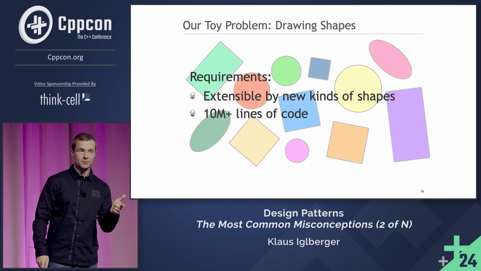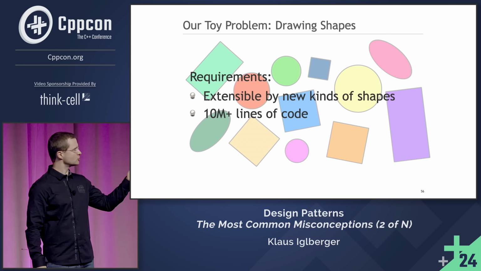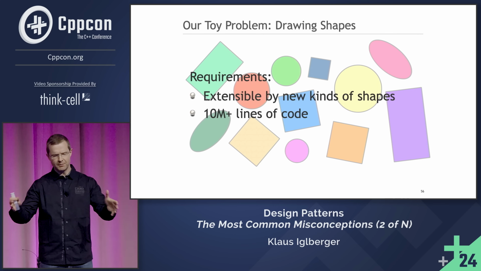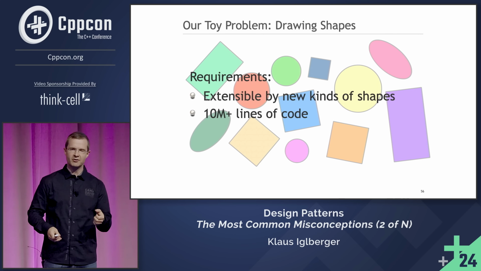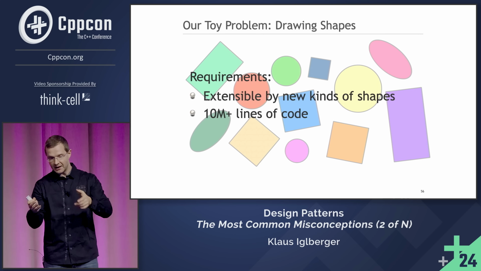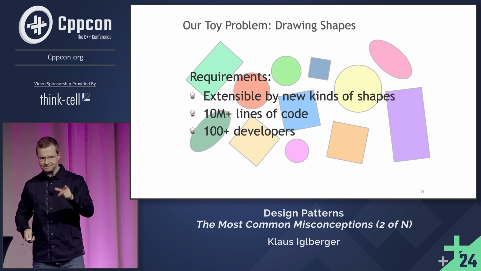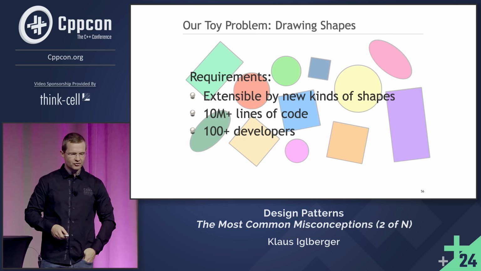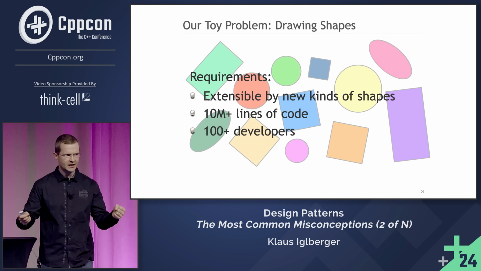Second, we now assume that, of course, it's not just these 200, 300 lines of code that I'm showing, but it's a big code base. Please always scale this in the back of your mind to, say, 10 million lines of code. And say this is also a project that is developed by 100+ developers. So scale it up, large scale.